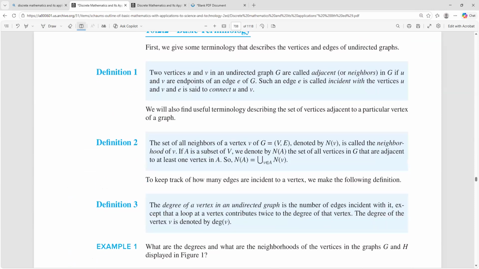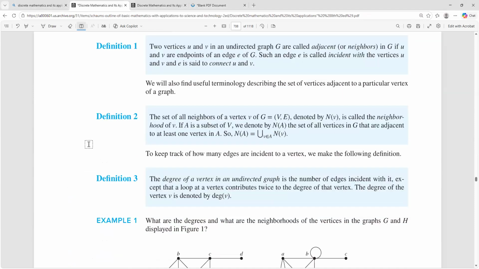What are the theorems that your professor uses?